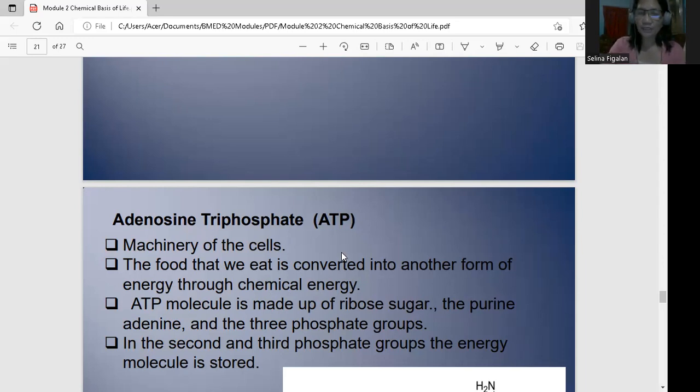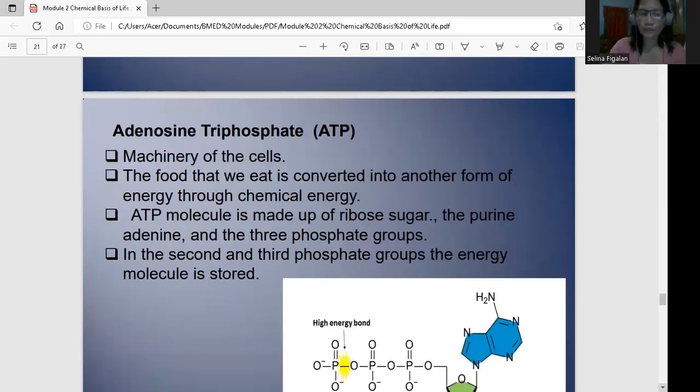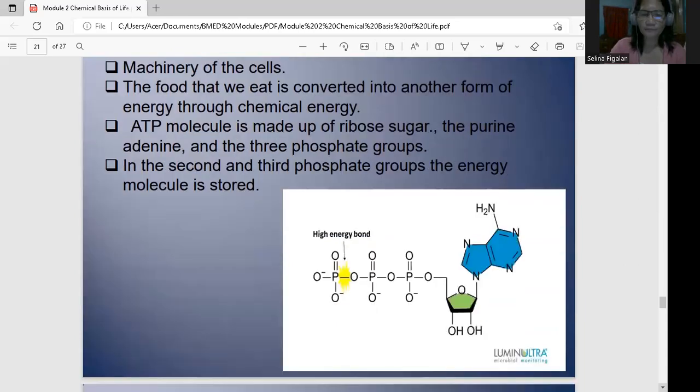This ATP is made up of 3 phosphates; when it moves, it produces ADP, losing a phosphate, going from potential to kinetic energy. This is how important your adenosine triphosphate is. It is the machinery of the cells to move or to form energy.